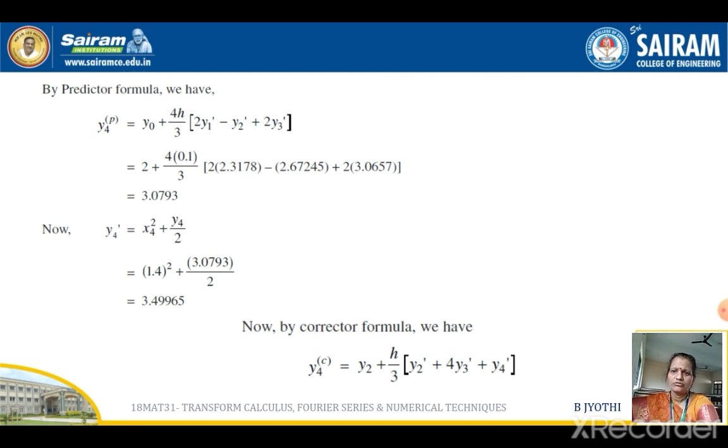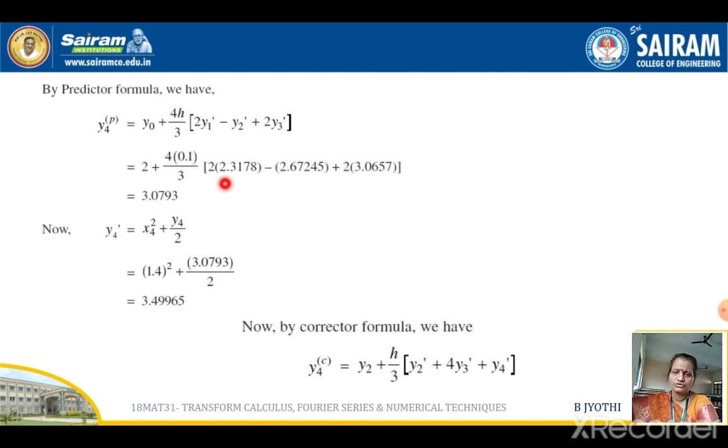Now, in order to get the second iteration, that is y1 of 2, that is nothing but the second modified value. So, the formula is given by y0 plus h by 2 into f of x0 y0 plus f of x1 y1 of 1.